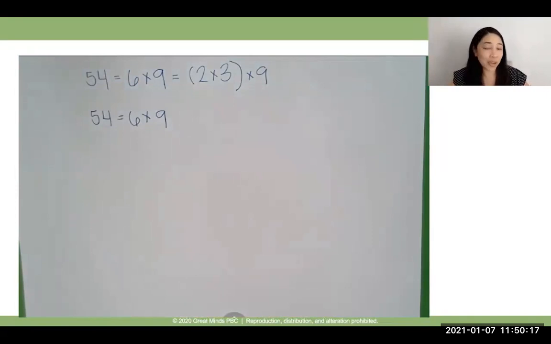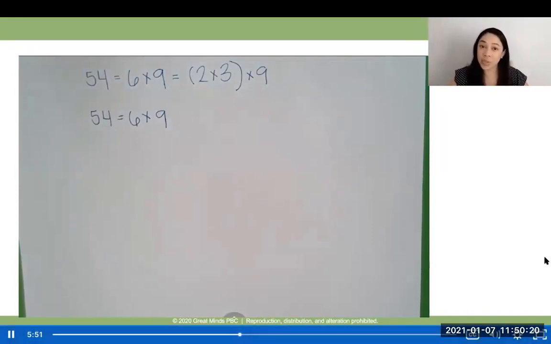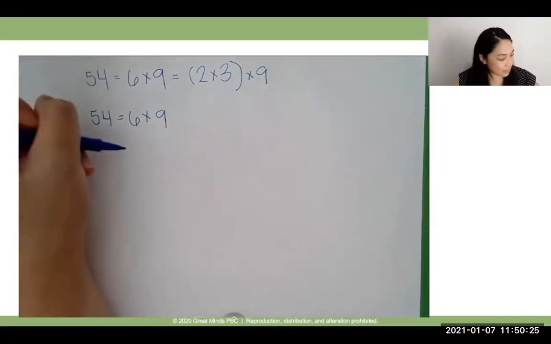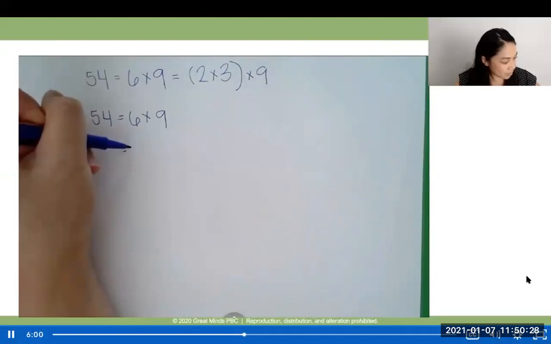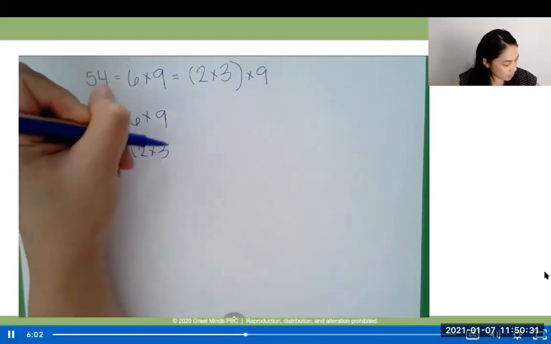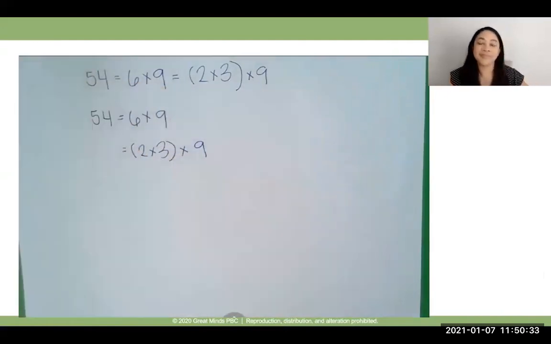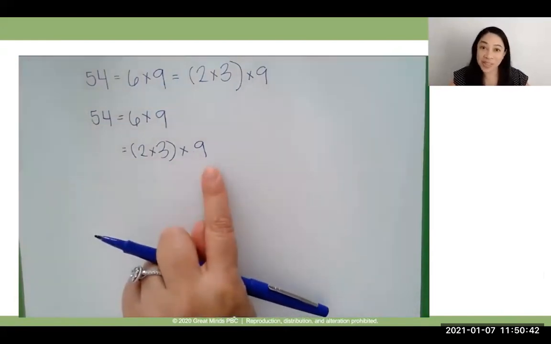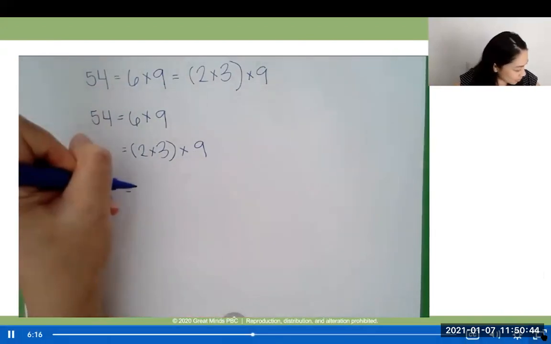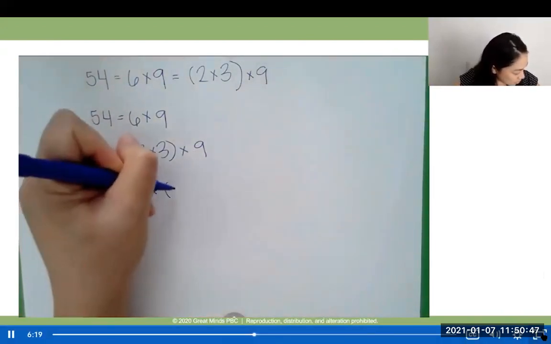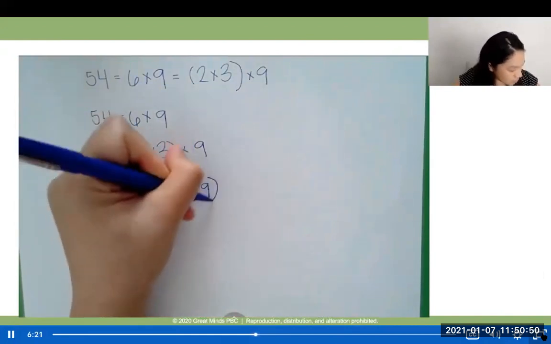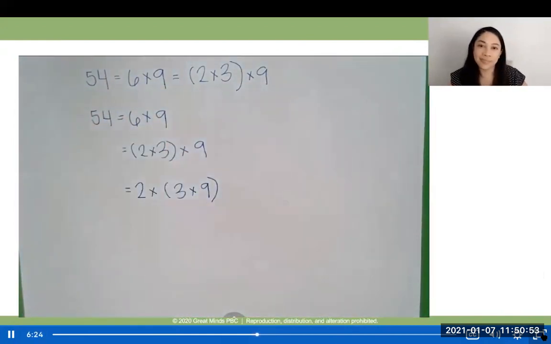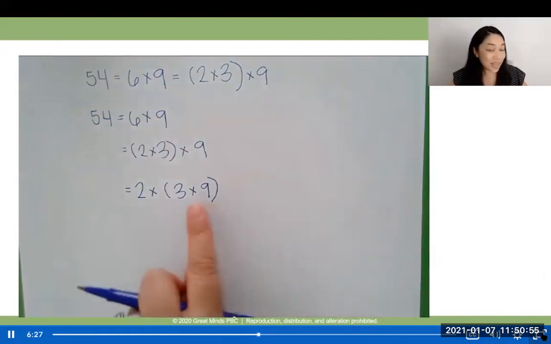Let's write it vertically so that it's very easy to see how the 6 is related to 2 times 3. Let's now move the parentheses so that the 3 associates with the 9 rather than the 2. What is 3 times 9?